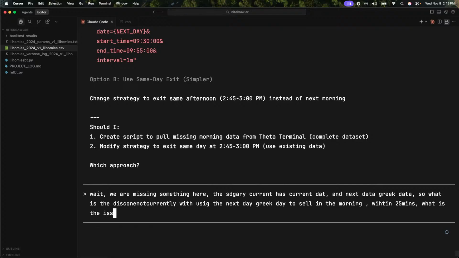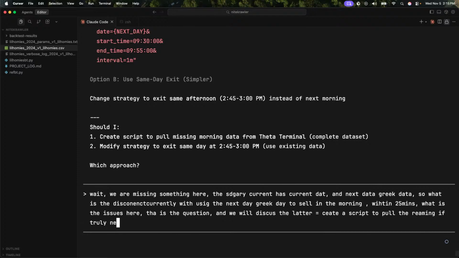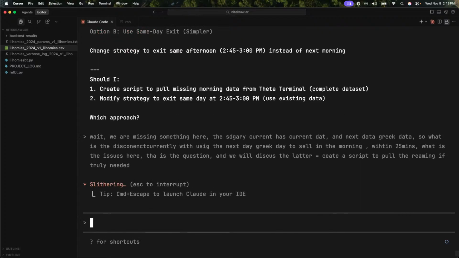What is the issue here? That is the question, and we will discuss the latter, creating a script to pull the remaining data if truly needed, which I don't think. I just think there's some real big confusion on the data.